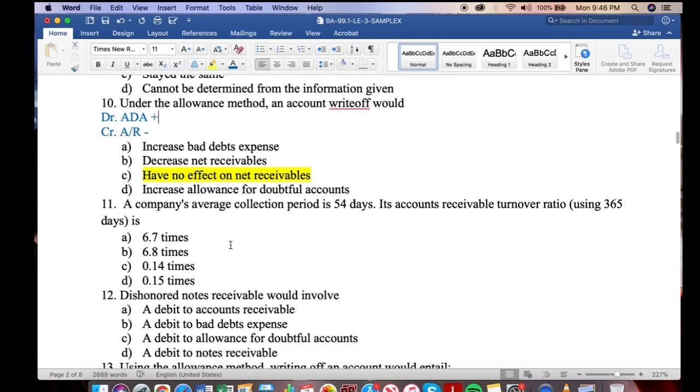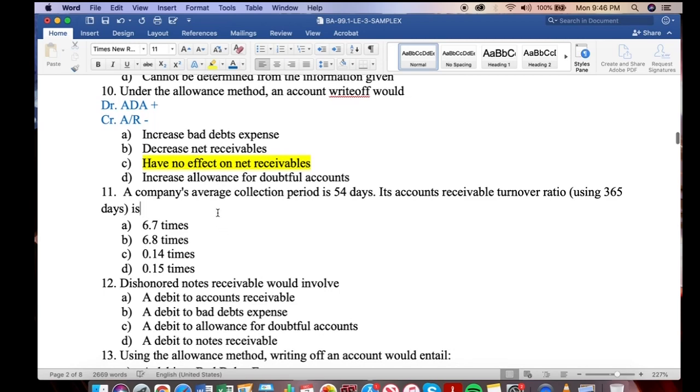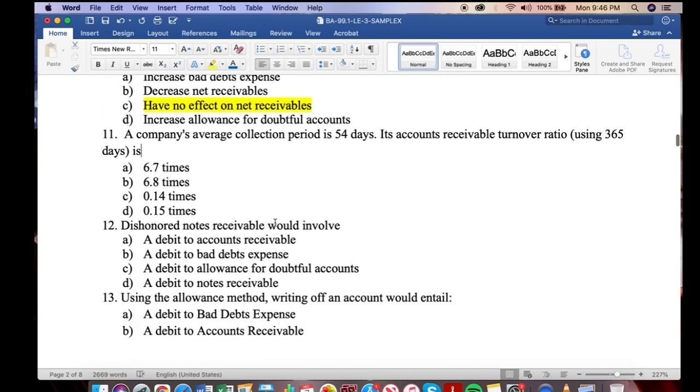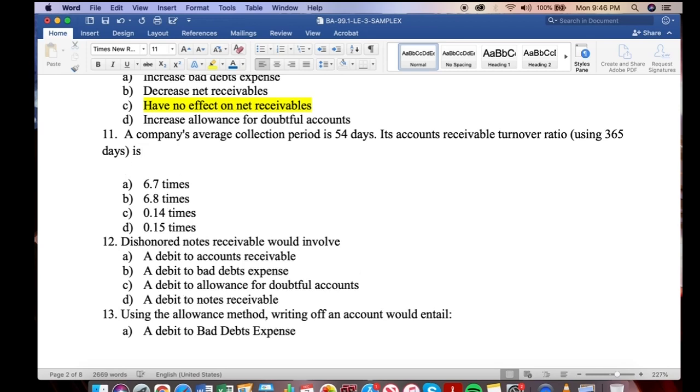Number 11. A company's average collection period is 54 days. Its AR turnover ratio using 365 days is... Remember na the collection period is equals to number of days in a year, sabi dito 365, divided by the AR turnover.